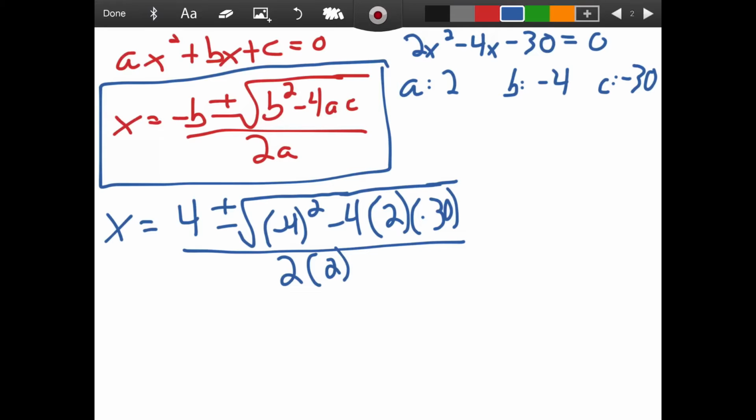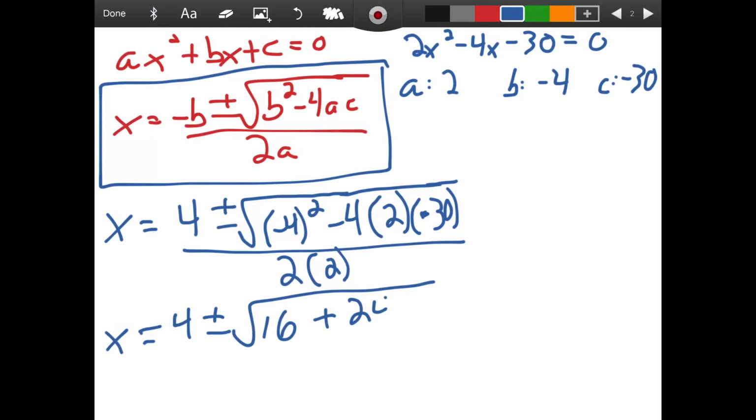Then what we want to do is simplify. -4 squared is 16. 2 times 30 is 60, times 4 is 240. And this is a negative, so negative times a negative makes this addition.